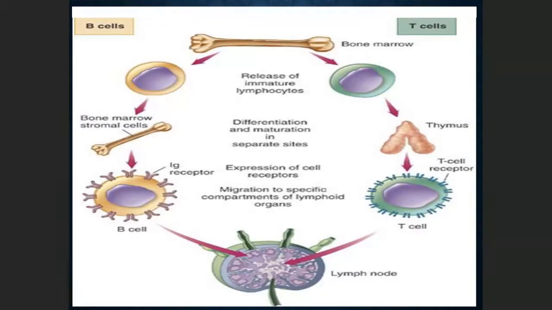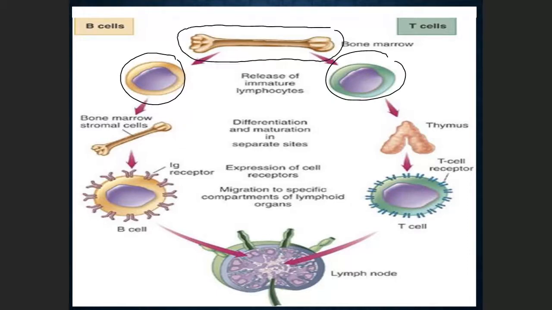Okay, now both the B cell and the T cell are produced in the same organ in our body. It's called the red bone marrow. So red bone marrow is the place for B cells and T cells.